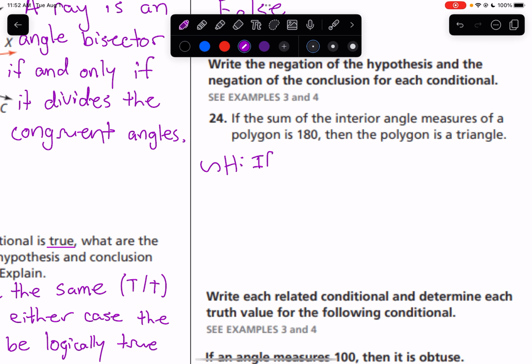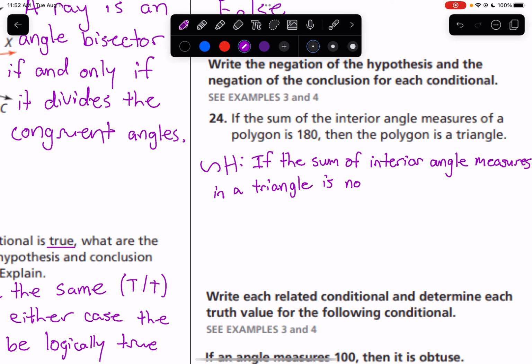If the sum of interior angle measures in a triangle is not 180, right?